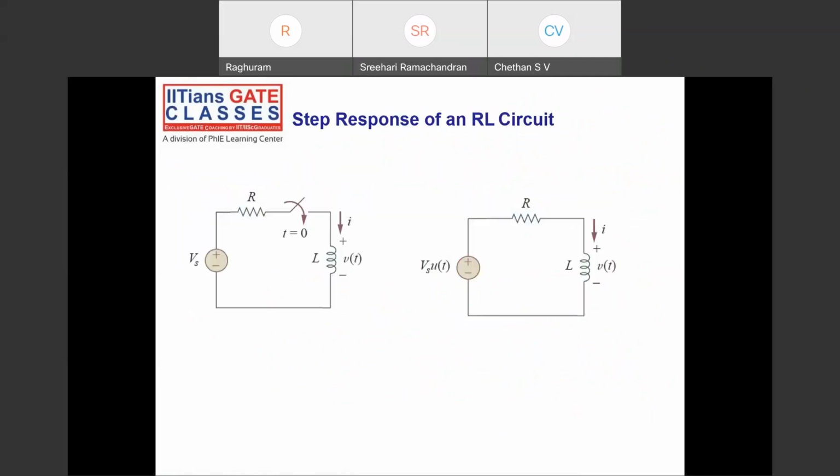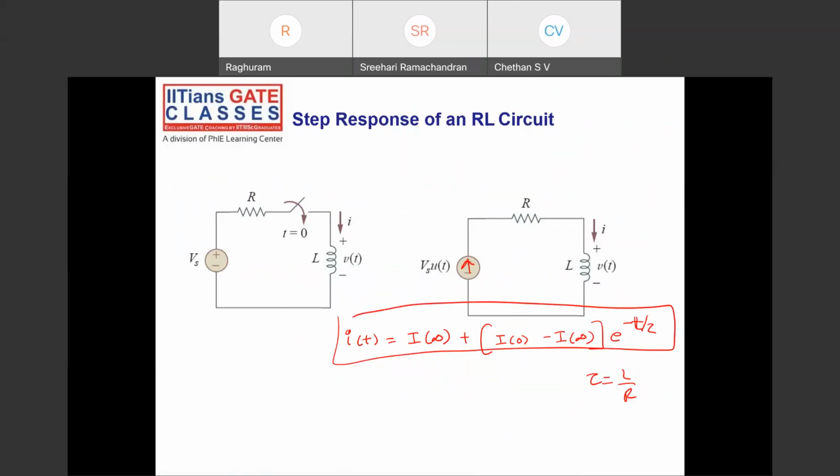So I can take a current source here. I of t is equal to I of infinity plus I of 0 minus I of infinity, times e power minus t by tau, and tau is equal to L by R.